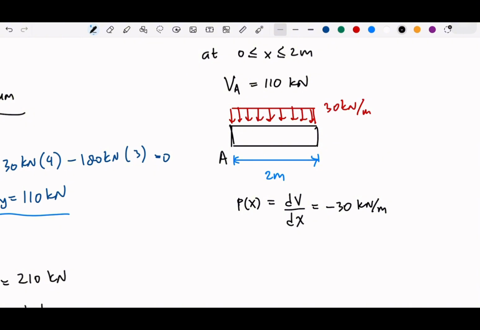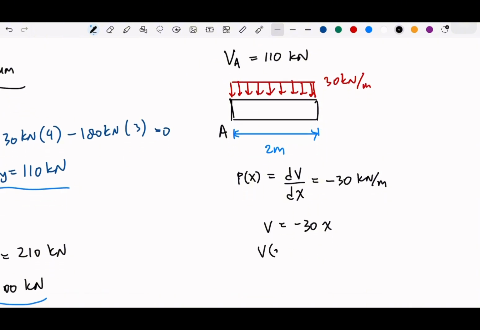So V is negative 30x. Okay, this is our equation.